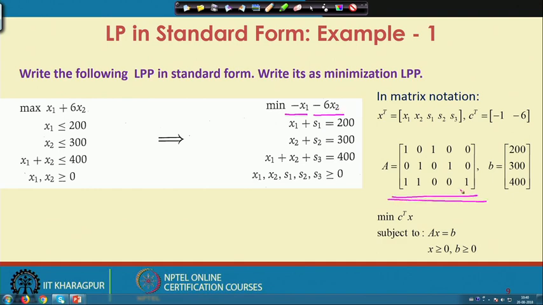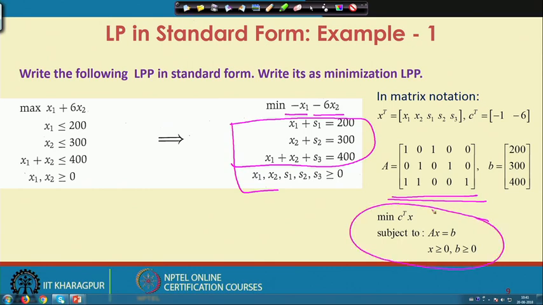The A matrix can be obtained and the B matrix is 200, 300 and 400. So, the problem formulation becomes minimize C transpose x subject to A x equal to B, x greater or equal to 0, B greater or equal to 0.